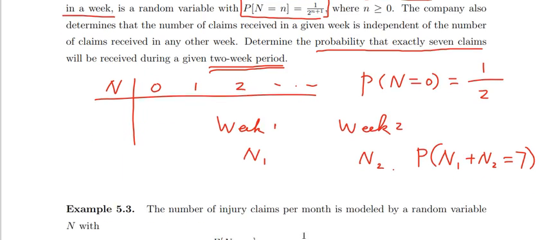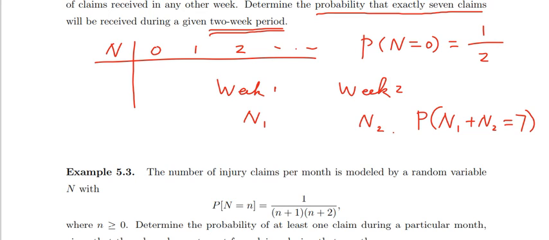Okay, so to make 7, we can say week 1 has 0 and week 2 has 7, and then week 1 has 1 and week 2 has 6. Okay, we have those cases. So let's check this case, and suppose N1 equals 1 and N2 equals 6 for this case. What is this probability?